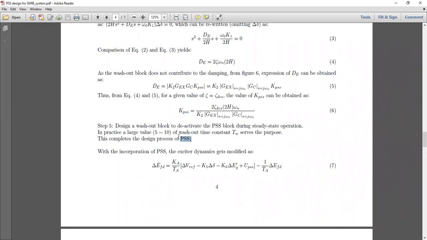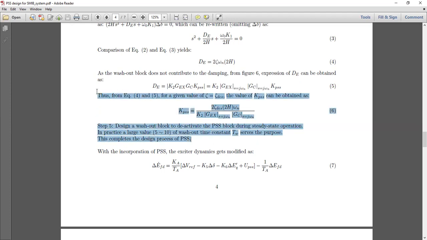The only remaining thing is the time constant value T omega appearing in the washout block. Again, the rule of thumb is simply to take some large value like 5 to 10 seconds for the washout time constant. Once that is taken, your design job is done.